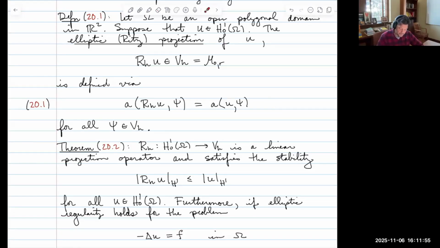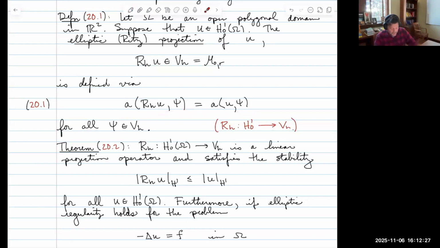What R_h does is take u, which is in H01, and push it into the finite element space. The way it does this is through this equality.